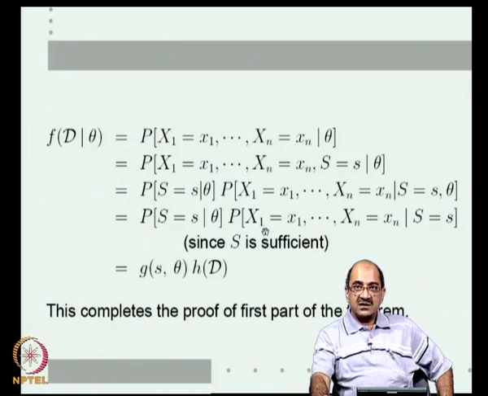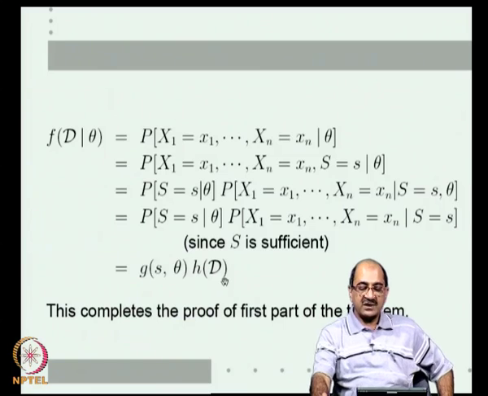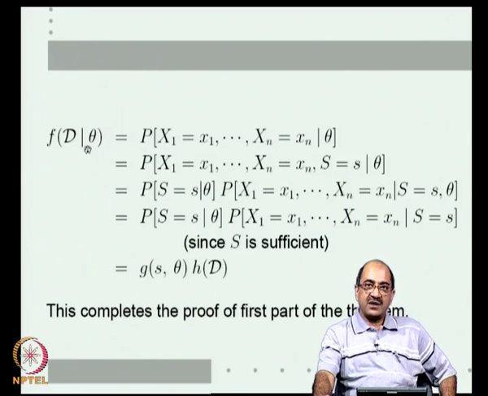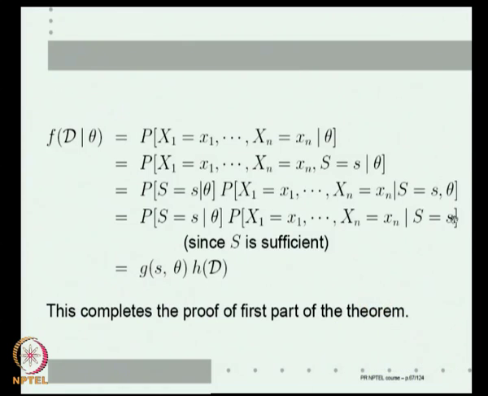Now, this other factor does not involve theta; the probability of X1 equal to x1, Xn equal to xn given S equal to s is also a function of x1 to xn. So, this probability, whatever it is, can only depend on x1 to xn, but does not depend on the parameter theta. So, f of D given theta is given by a product of some function that involves s and theta, and another function that involves data, but does not involve theta. Okay. So, this means the likelihood is factorized when S is sufficient.